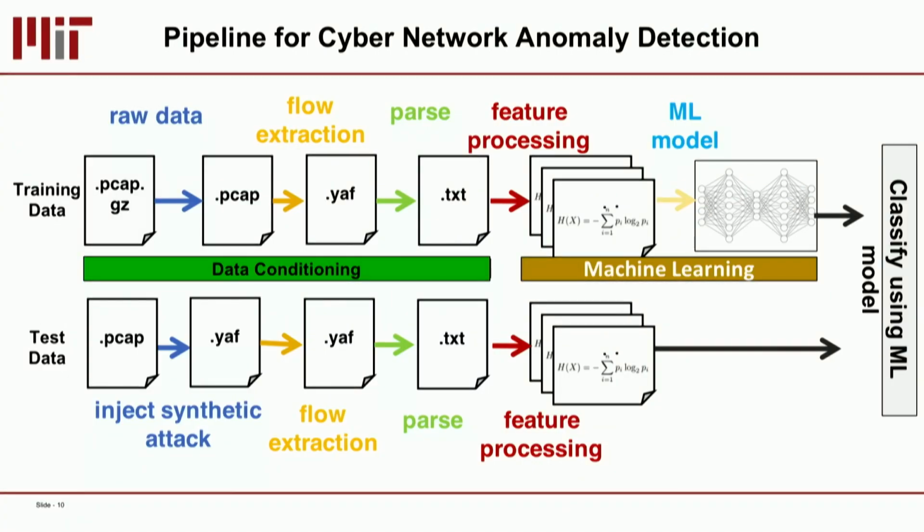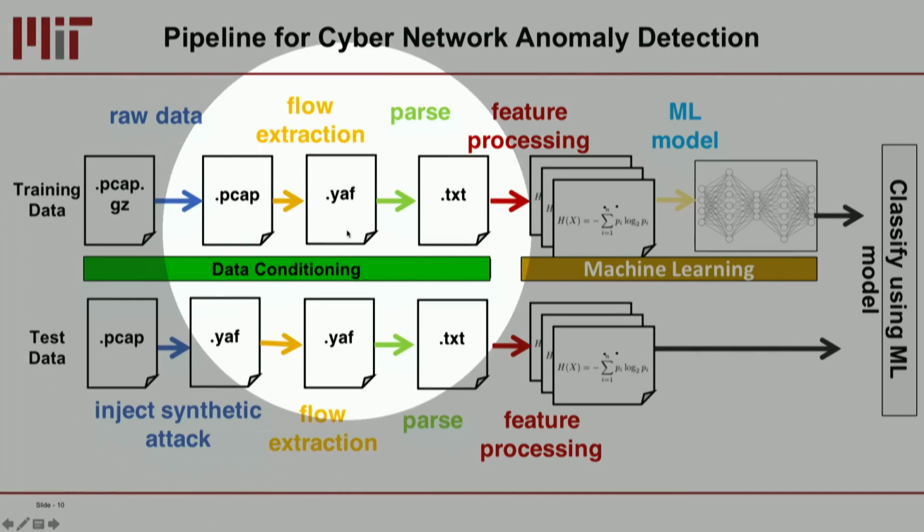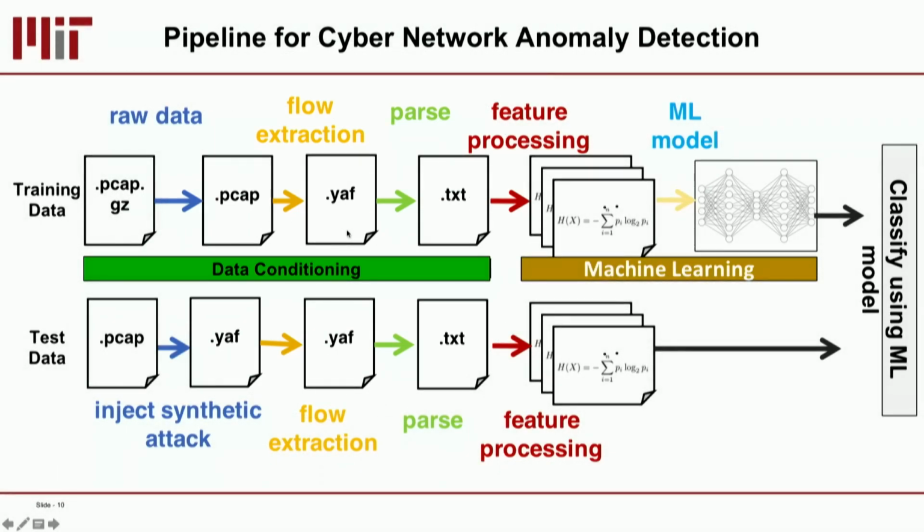Okay, so this is the overall pipeline of the system. As I mentioned the first time we chatted, we spent a majority of our time in the first step here, which is data conditioning. Within data conditioning, we took the raw data, which is downloaded from the internet. This comes to you in a binary format, which is a .pcap.